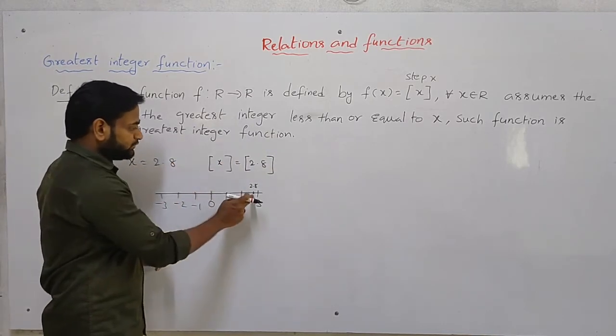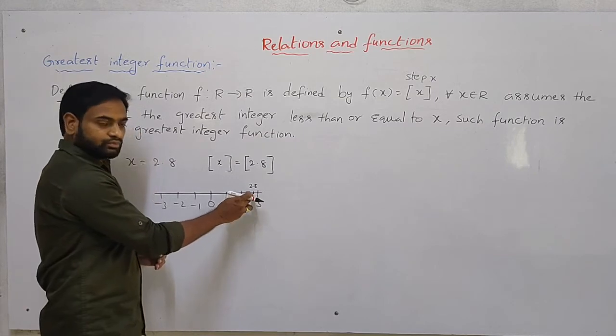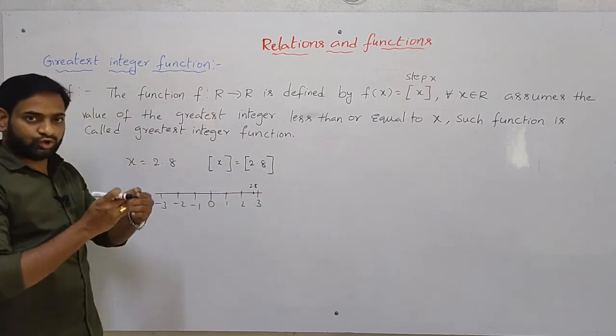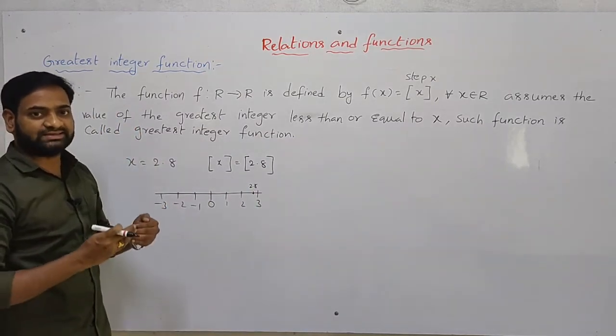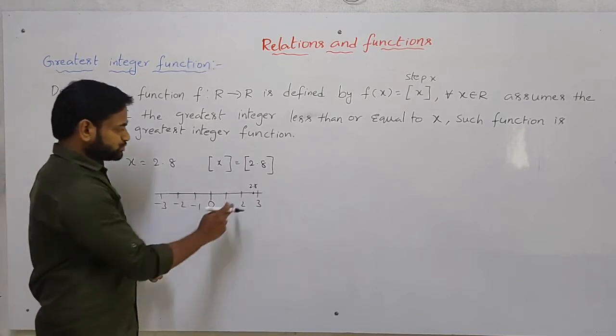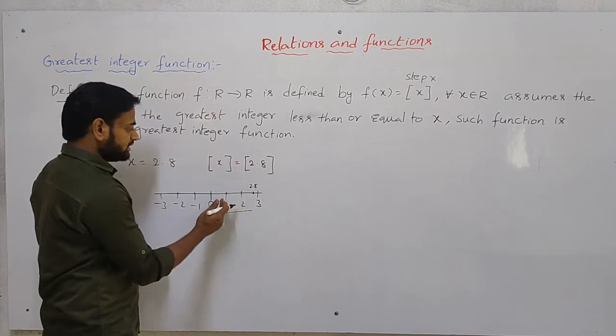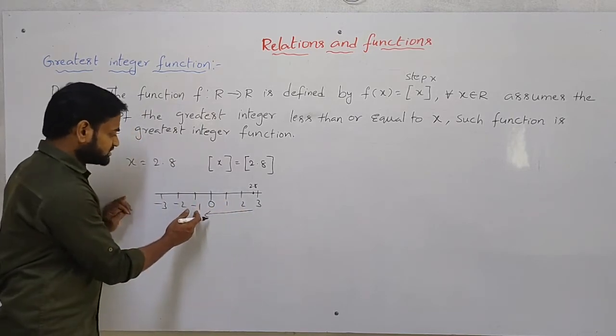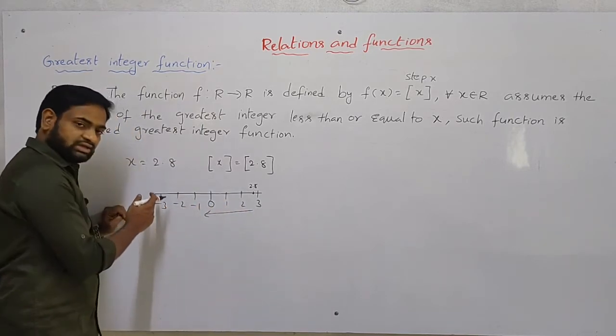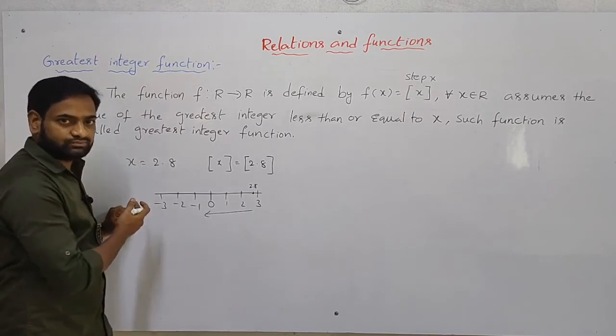For the 2.8 value, below 2.8, what are the integers we have? Below 2.8 means this side: 2 is there, 1 is there, 0, minus 1, minus 2, minus 3, and so on, minus infinity.